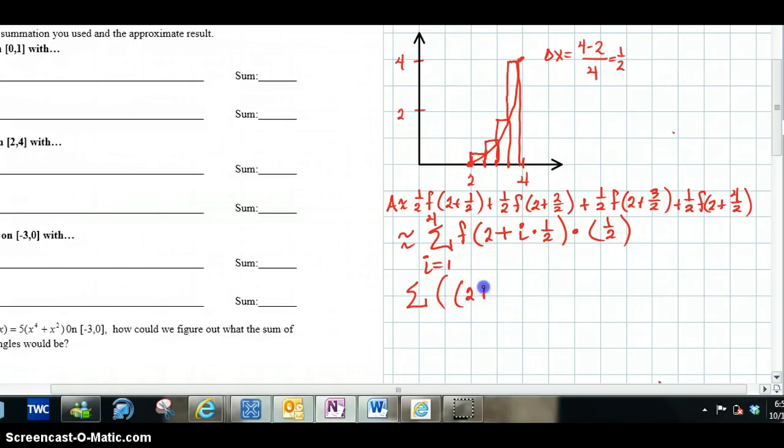So it'd be 2 plus i times a half, that substitutes in for x, minus 2, quantity squared. Our variable i, we're going to start at 1, end at 4. So this is our summation from 1 to 4, and each width is 1/2, which is delta x.